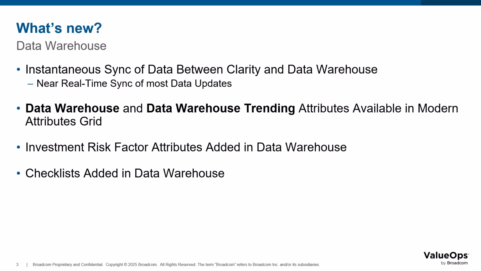And those attributes prior to this release were only available for viewing in Classic Studio. Also, we added the investment risk factors attributes into the data warehouse. And the last thing we did is we added the checklist object along with relevant attributes into the data warehouse.